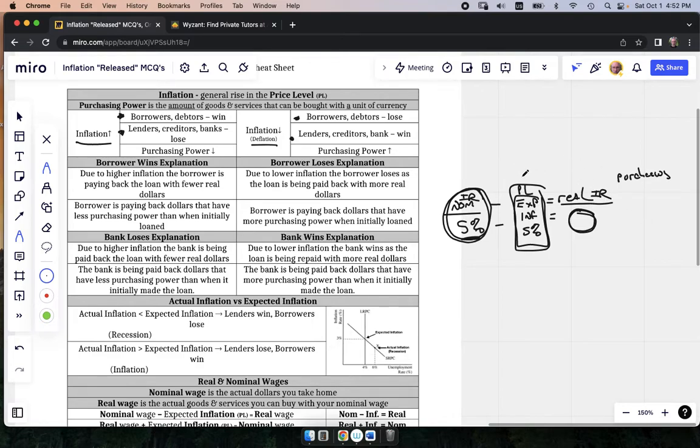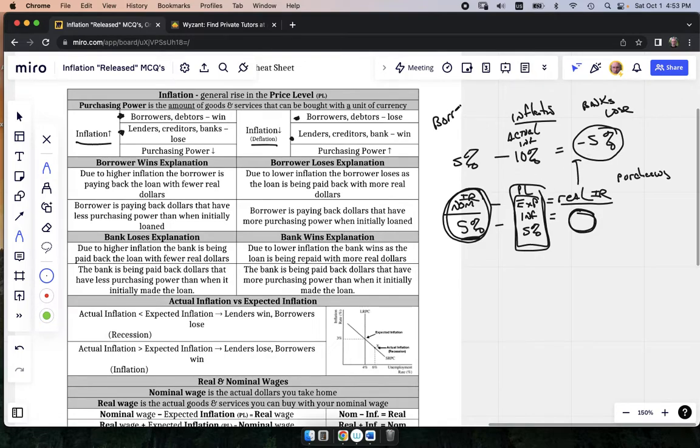But let's say that instead of 5%, the actual rate of inflation went up to 10% when you loaned somebody 5%. Well, your real interest rate was -5%. You've lost money. So again, and this is the important part to remember, when there's inflation, banks lose.